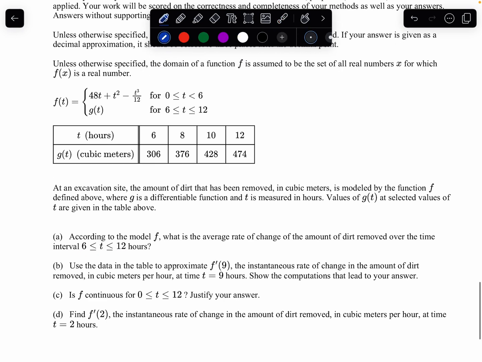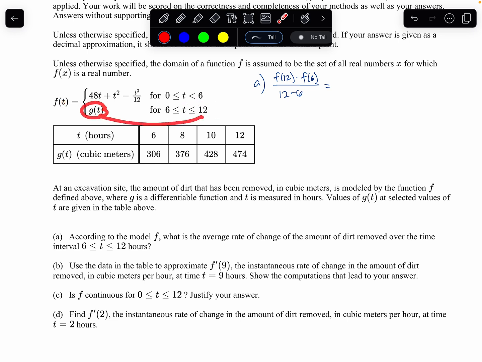So for A, we want the average rate of change from 6 to 12. So we want f of 12 minus f of 6 over 12 minus 6. So f of 12, I'm going to plug in 12 right here.